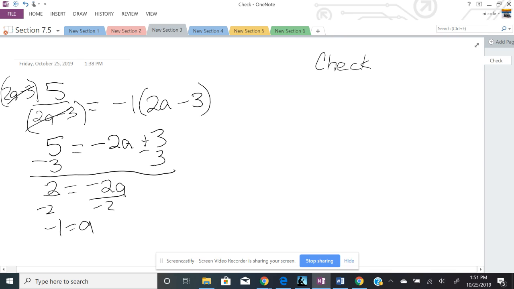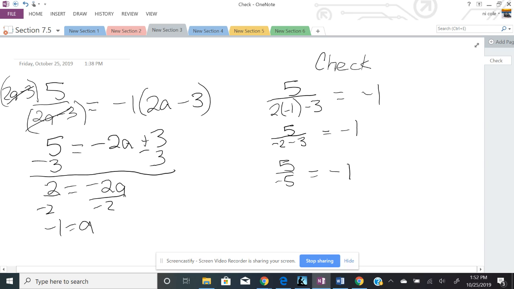Now I'm going to go over here and check. So is 5 over 2 times negative 1 minus 3 equal to negative 1? So then I would have 5 over negative 2 minus 3. Negative 2 minus 3 is equal to negative 5. So I have 5 over negative 5, which does equal negative 1.